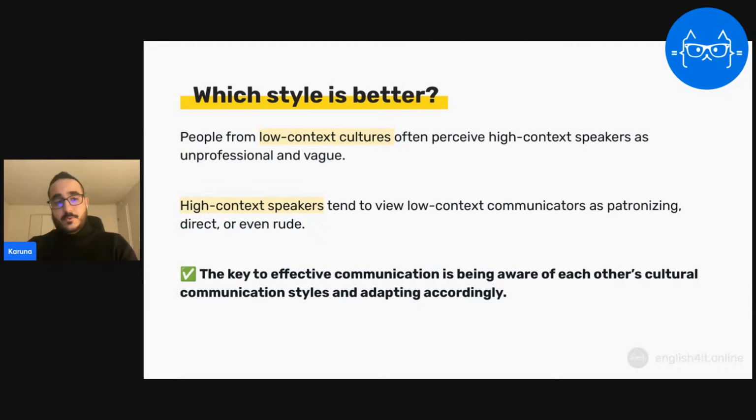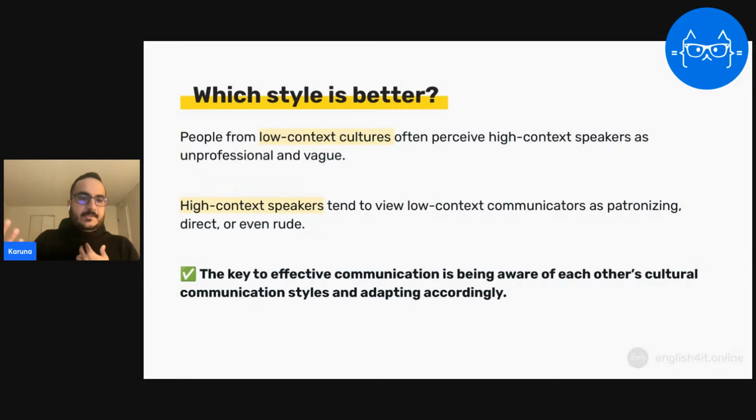And people have different points of view based on where they grew up. And if, for example, you grew up in a culture that uses low context communication, well, high context speakers can be seen as unprofessional or vague, right? Like, oh, why isn't this person getting to the point? Right? Why aren't they saying what they mean?